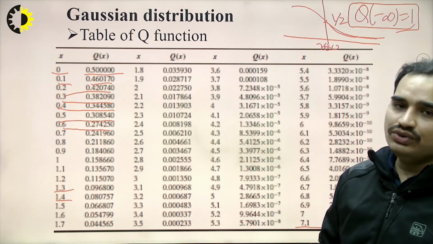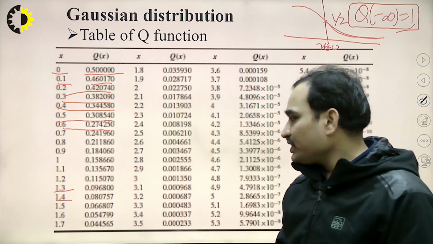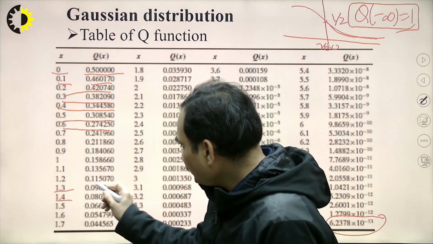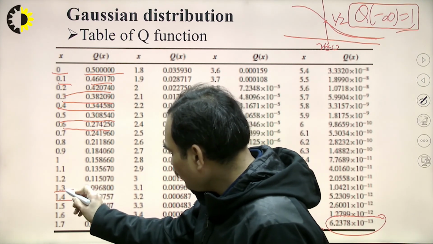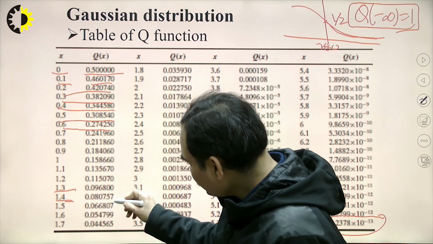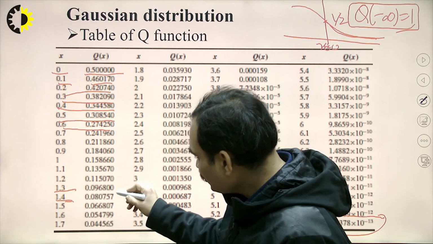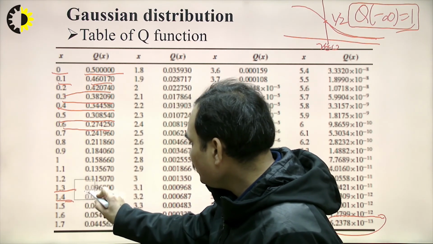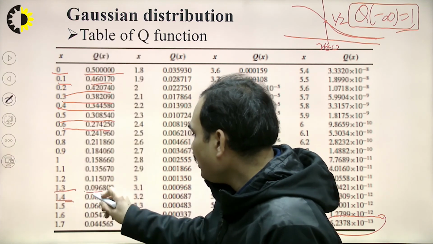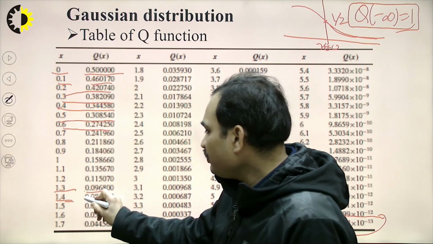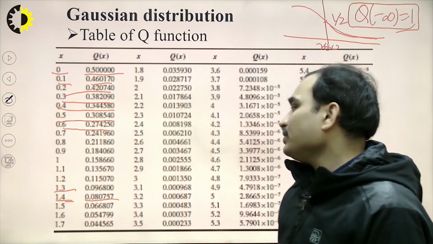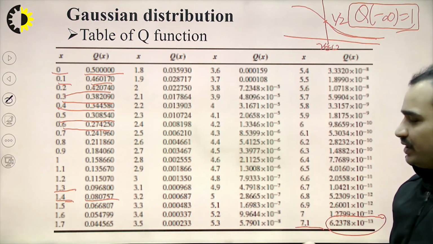So we have to use 1.36. Here we have the values 1.3 and 1.4, and this value is approximately between these two. At 1.3 we have 0.096 and at 1.4 we have 0.080, so it is intermediate between these two values.